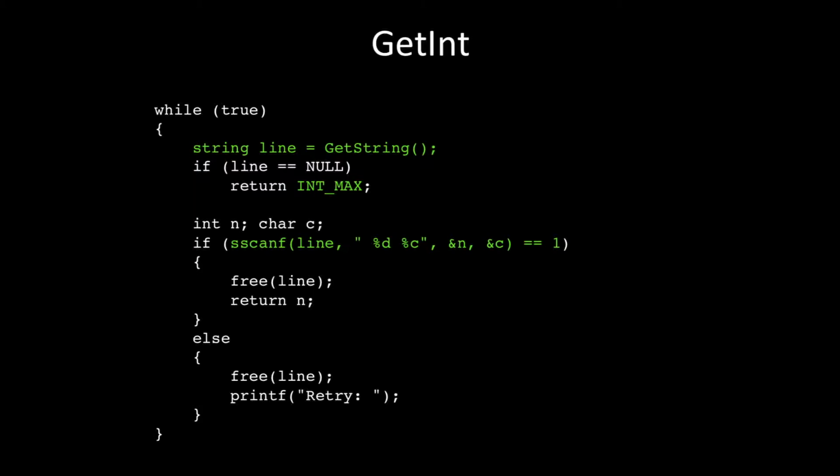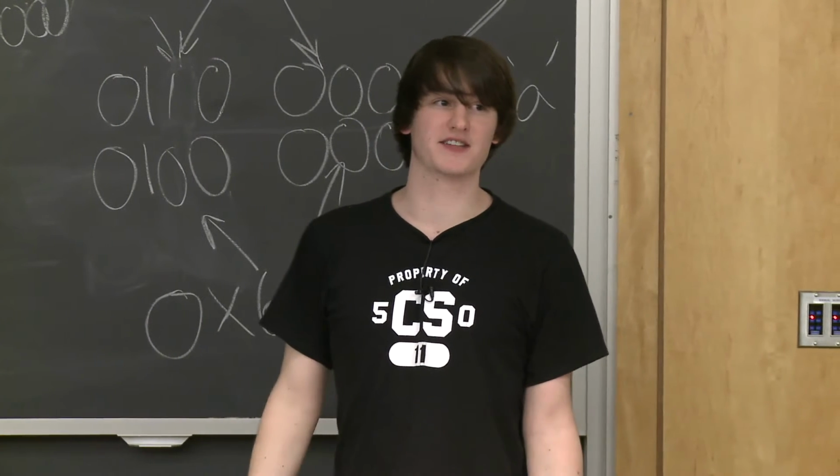So then finally, assuming that did succeed, we use scanf with that special flag, which means first match an integer, then match any characters after that integer. So notice we want it to equal 1. scanf returns how many matches it successfully made. So it will return 1 if it successfully matched an integer. It will return 0 if it did not match an integer.